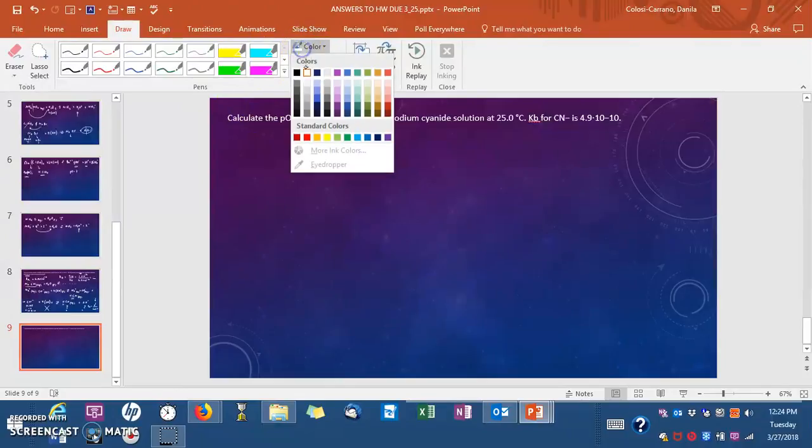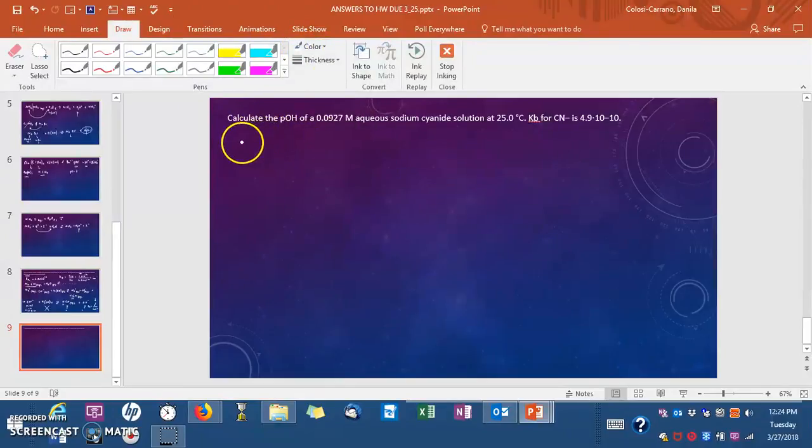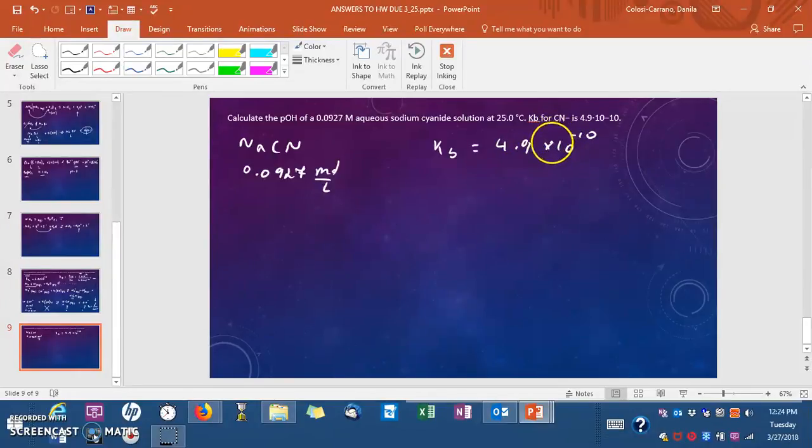Which molarity do you have? So sodium cyanide has the molarity of 0.0927 moles per liter, right? Molarity. And you have a Kb of 4.9 times 10 to the negative 10. Well, if this is Kb, I think we're good to go, right? Because remember, your ratio is 1 to 1, so this means you have your base, which has a molarity of 0.0927, exactly like before.